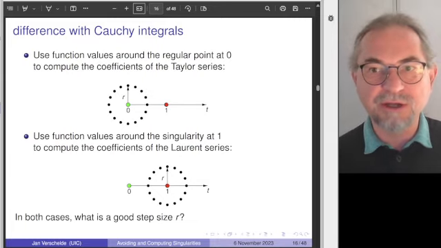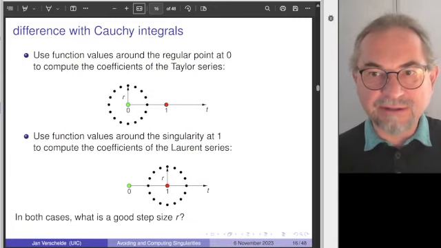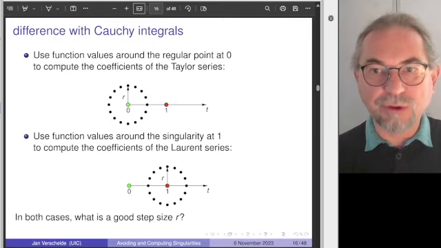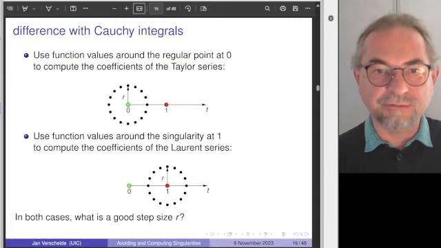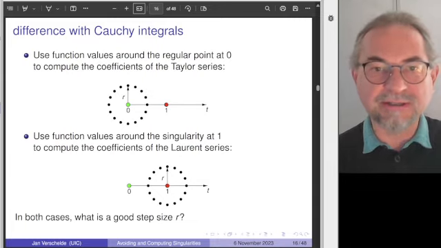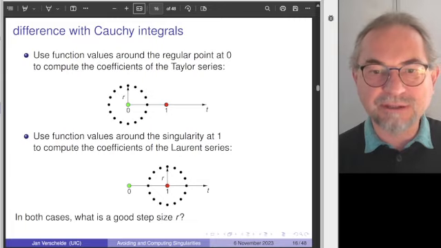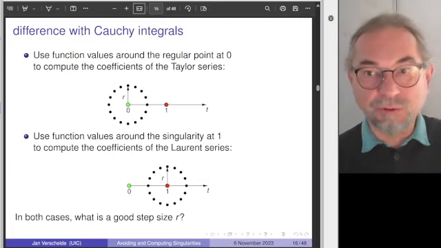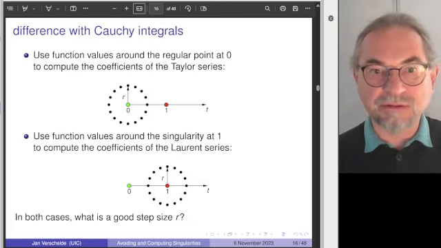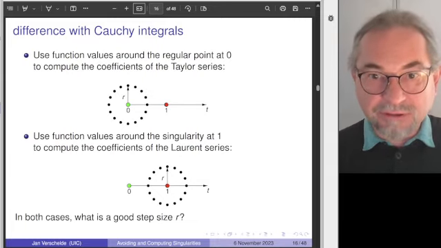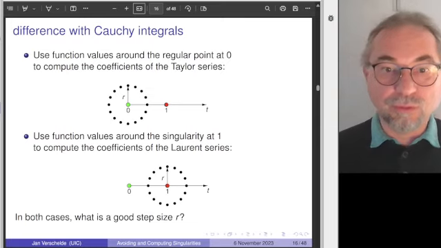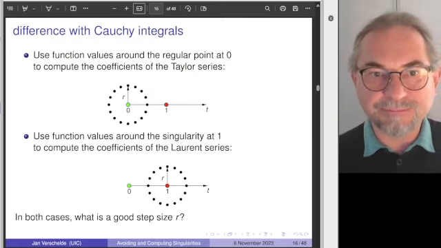Cauchy integrals around the singularity also allow you to approximate. So with the Cauchy integral, we have a good point at the Taylor series, but at the Laurent series, at the singularity, we run around the singularity. And there are integrals that then allow you to locate the singularity.